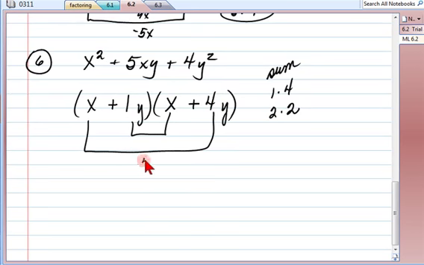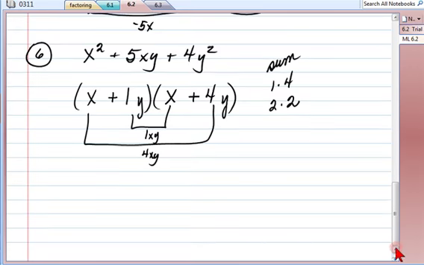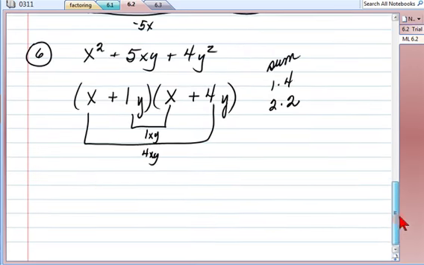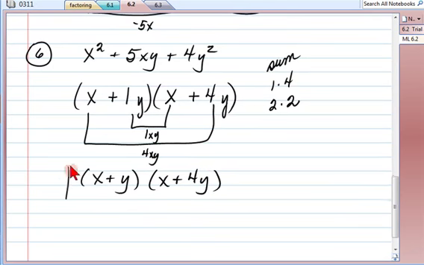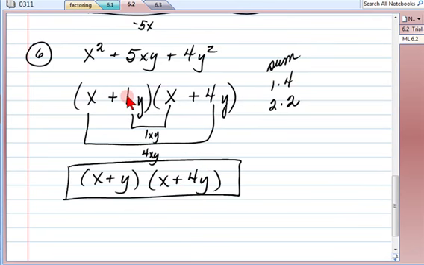Outer product is 4xy. Inner product is 1xy, even though the 1 is not usually written. Add them up for 5xy. Product of the last, 4y squared. If you were typing this into MyMathLab, most probably you would just type in x plus y times x plus 4y. You would not type in the 1.